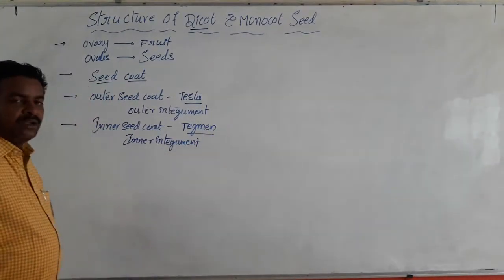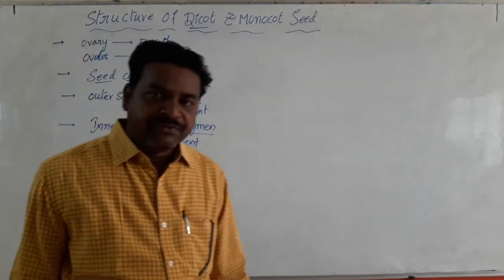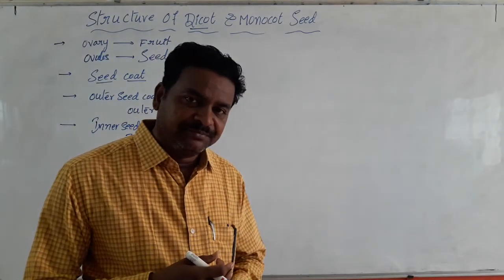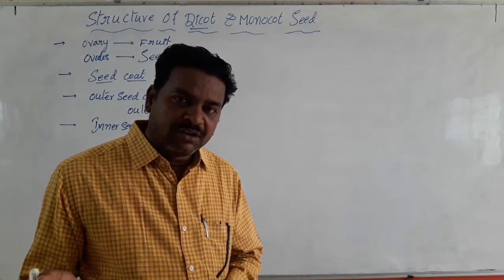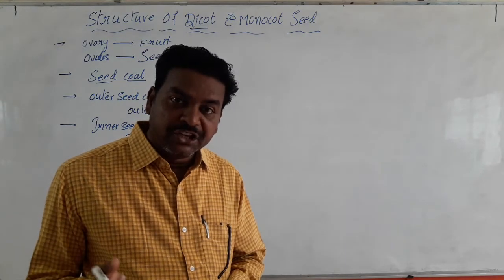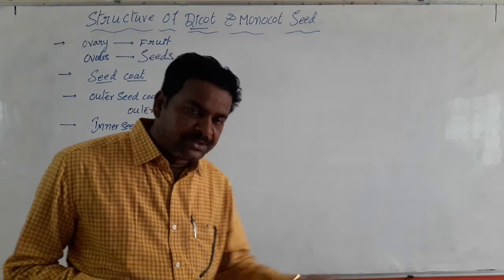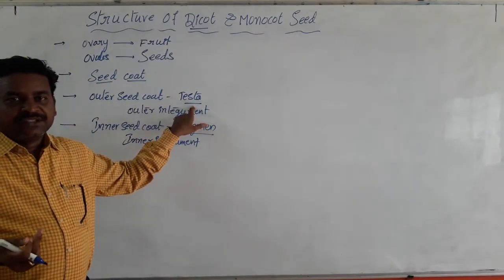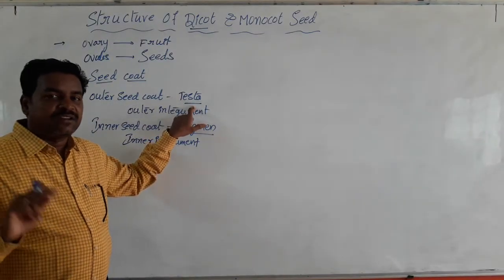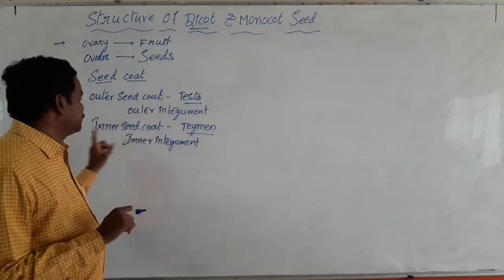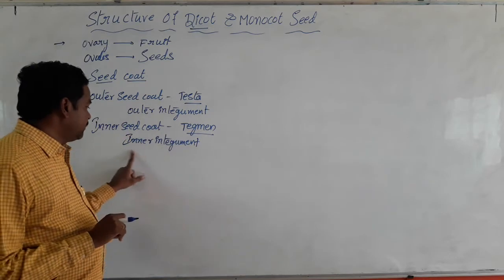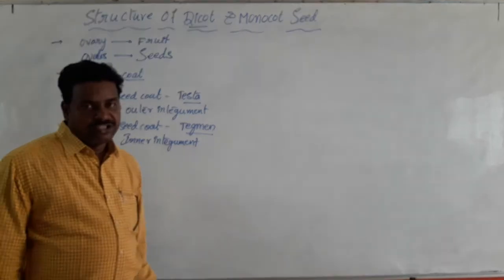In this way, after fertilization, the complete ovule develops into a seed. The outer integument develops into the testa, and the inner integument develops into the inner seed coat, the tegmen.